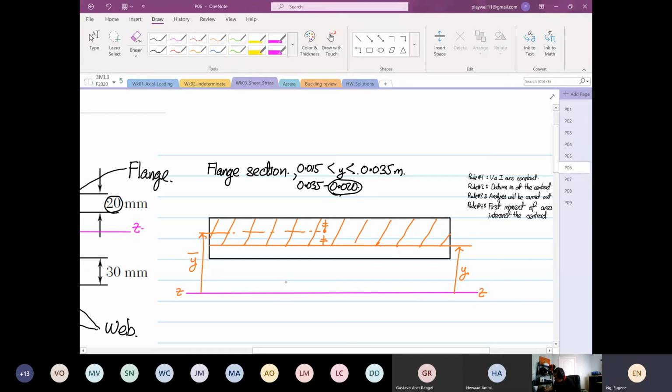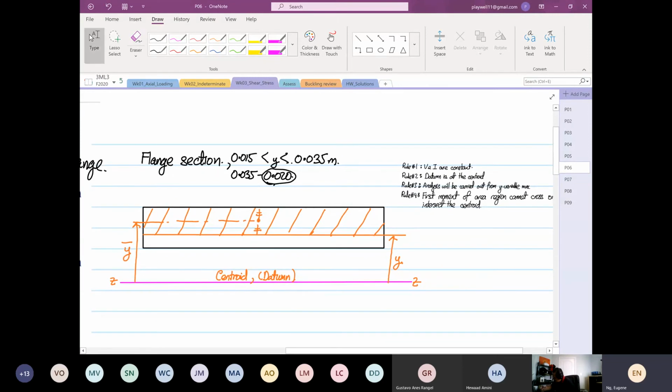So the pink is our centroid, and the pink is also now known as our datum to find our first moment of area. We also know that the extreme point, this distance over here, is our y max, and this y max is equal to 0.035 meters.